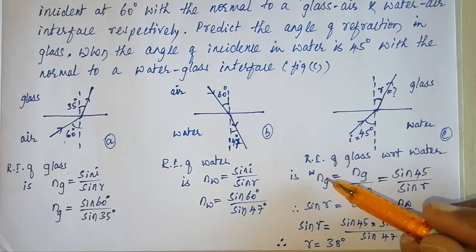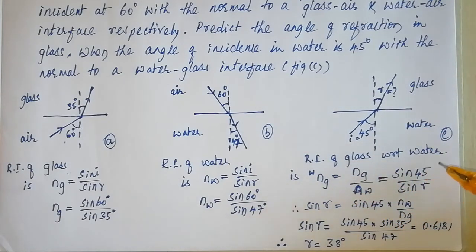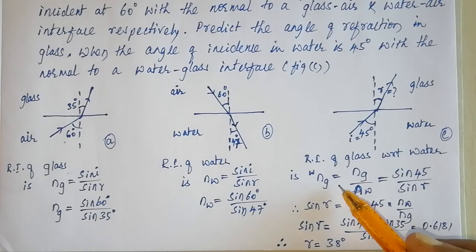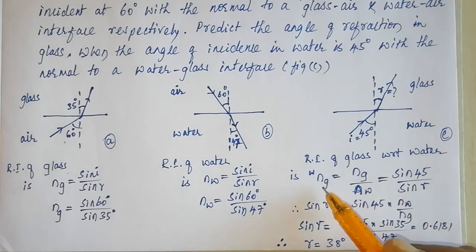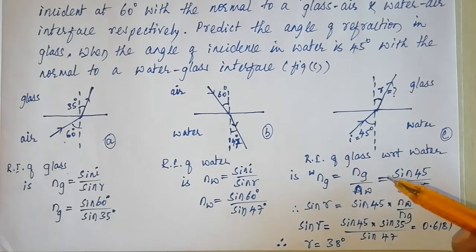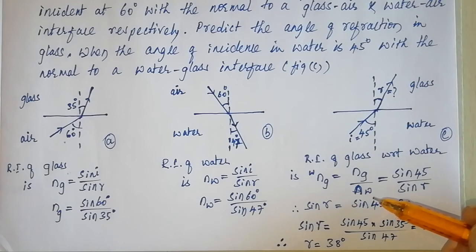For that, the refractive index of glass with respect to water we write as NGW. We have already derived a relation between the relative refractive index and the absolute refractive indices: the relative refractive index of glass with respect to water is equal to the absolute refractive index of glass divided by the absolute refractive index of water.